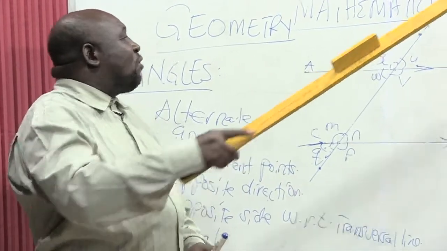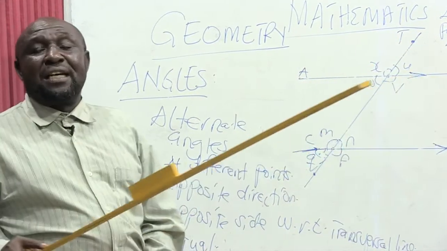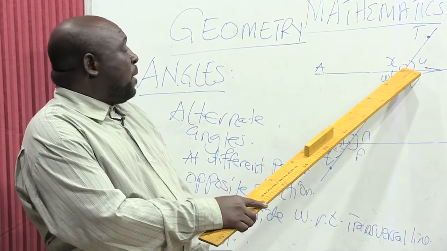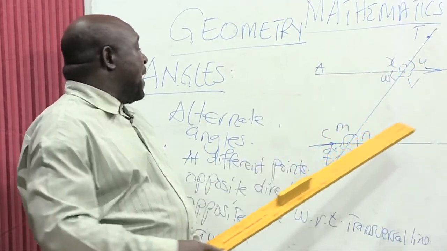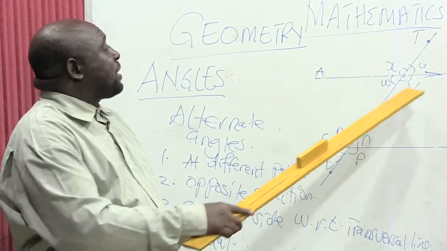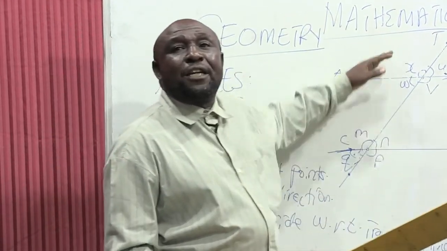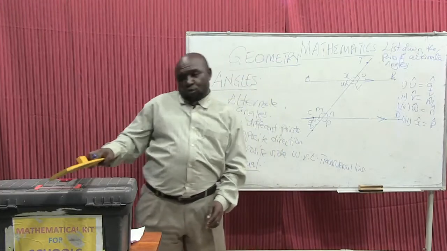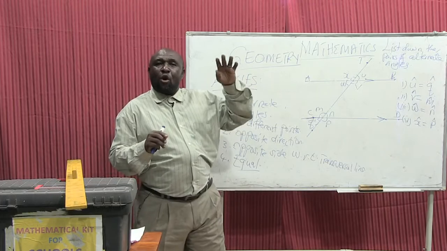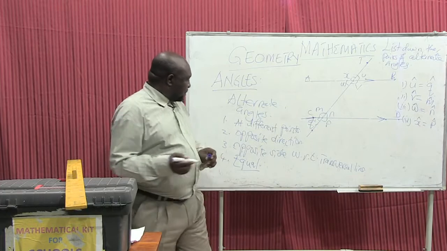And a straight line crossing AB and CD, that is TV, is a transverse line. Then the angles are formed at the points where TV crosses AB and CD. Then we can see that we have angles formed at different points but being equal. And these angles which are in the opposite direction, we call them alternate angles.